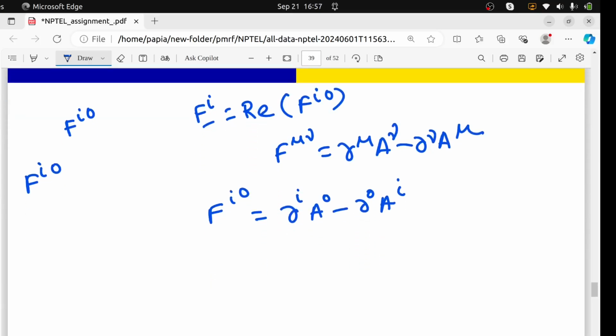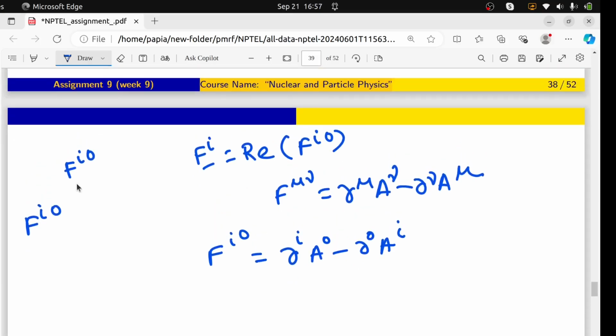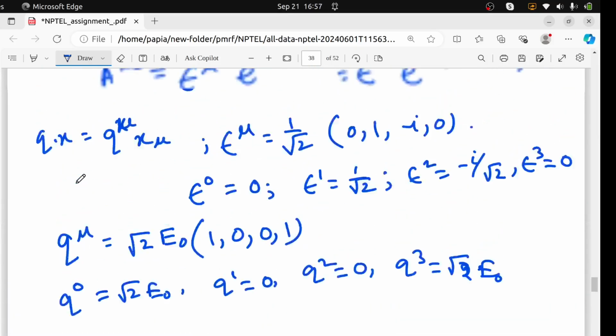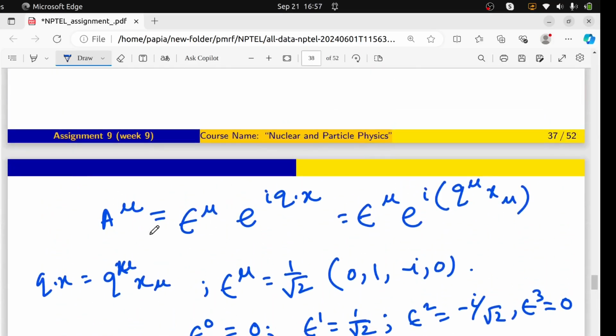Now A0, what is A0? Let me expand this one.